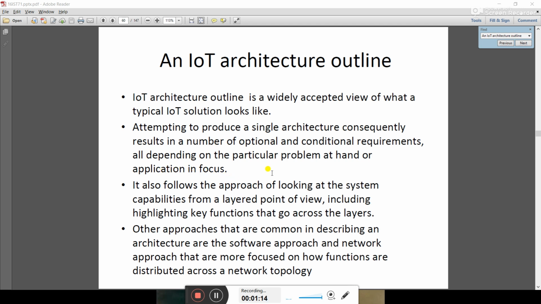So I would like to give you an example. Suppose we need to monitor the gas lines of a city. For monitoring the gas pipeline of a city, we need gas sensors along the gas pipelines to check for leakage, and we need to make an architecture for that purpose.